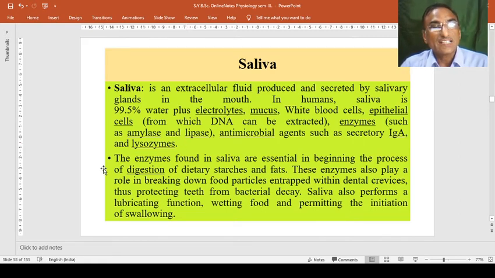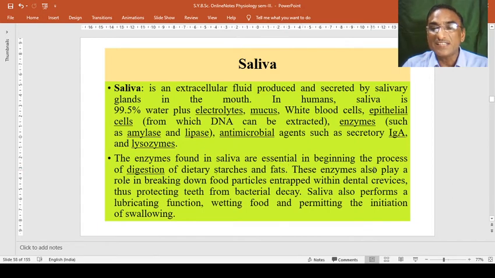Next, the enzymes found in saliva are essential in beginning the process of digestion of dietary starches and fats. The food taken up by mammals or human beings mainly includes starch and fats.